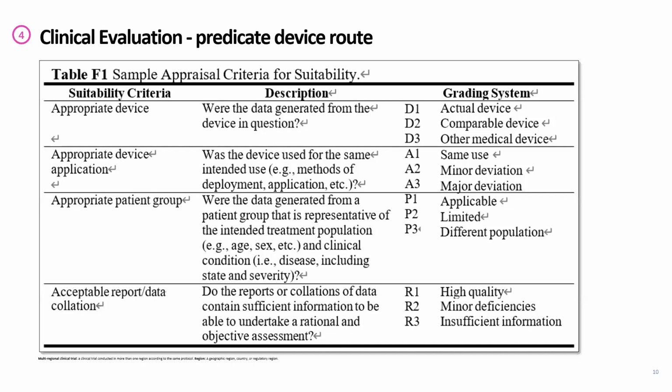So we might distinguish into these three. And also we need to evaluate whether the device has been used on-label or off-label. And also we need to evaluate the patient group, and the quality of the article.